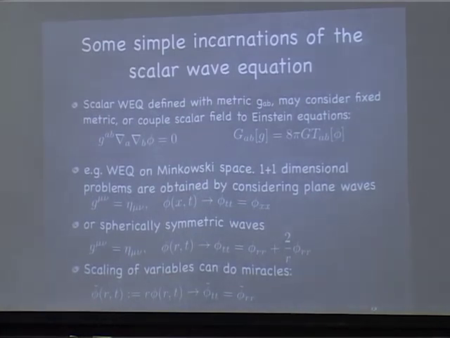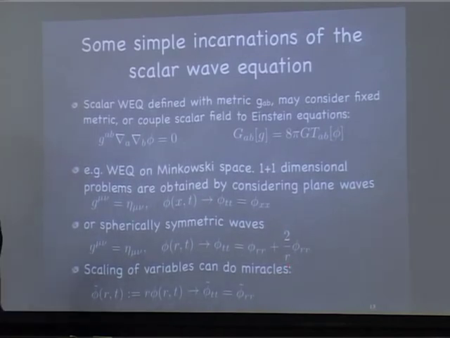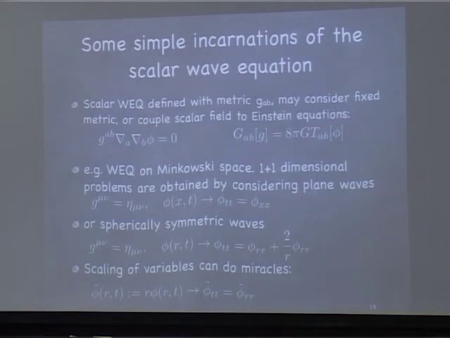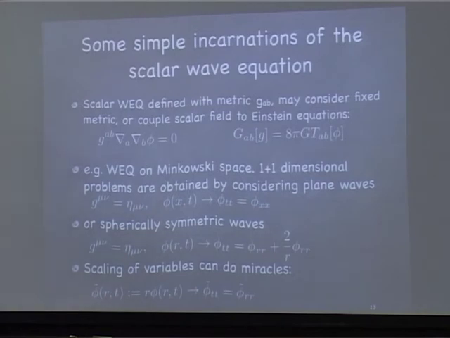It does have a little problem that we'll have to face, that 2 over r is singular at the origin, and singular is a problem for the computer, so we have to think about how we deal with that. It turns out that for the very simple case, there's a miracle which appears, a very interesting miracle.